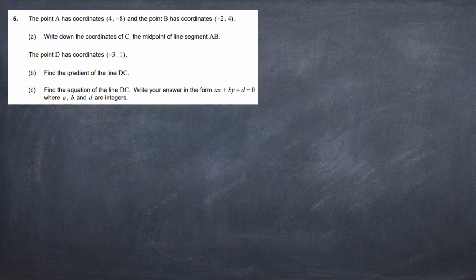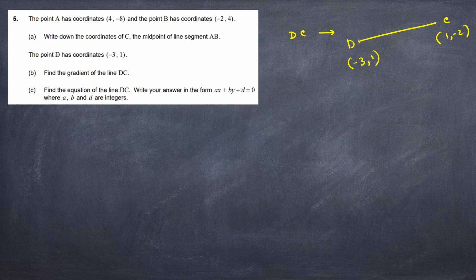Find the gradient of the line DC. Here the line DC is given. If this is the D point and this is the C point, the coordinates of D are minus 3, comma 1 and the coordinates of C, which we just found, are 1, comma minus 2. Now we need to find the gradient.